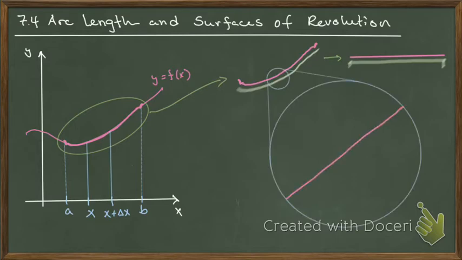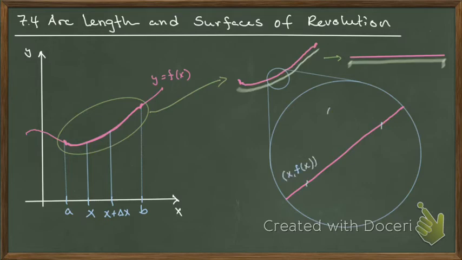If I resketch what my curve might look like, if I zoom in really, really, really far, what I've got is a pretty straight piece of curve that I can estimate, or get really close to figuring out what the length is, okay?